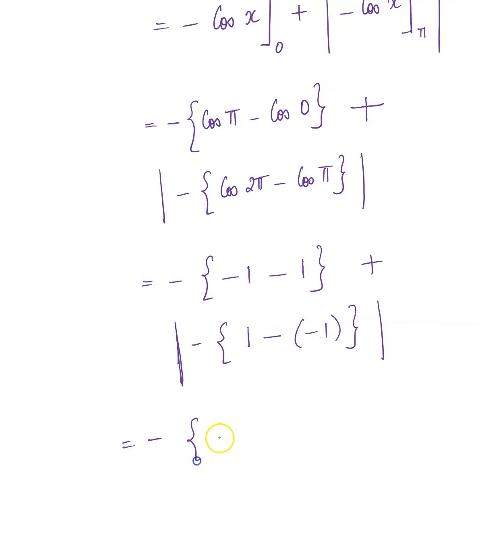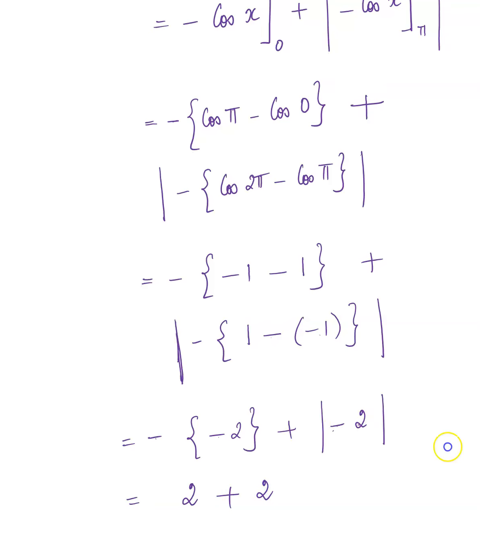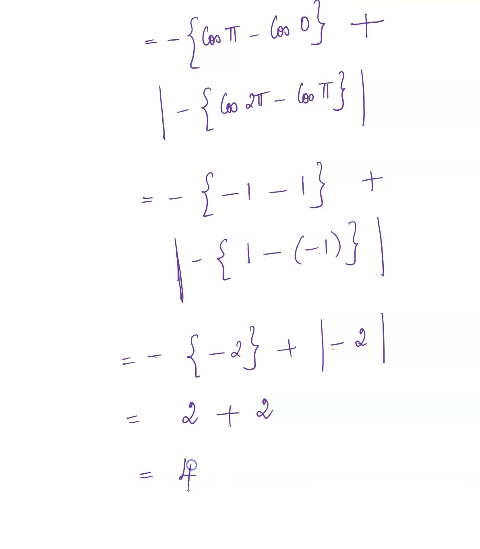So that's going to be negative of negative 1 is negative 2 plus absolute value of negative 1 minus of minus 1, which is 1 plus 1, which is 2. Negative of negative, this is positive 2 plus absolute value of negative 2 returns a positive 2. So 2 plus 2 is actually 4.